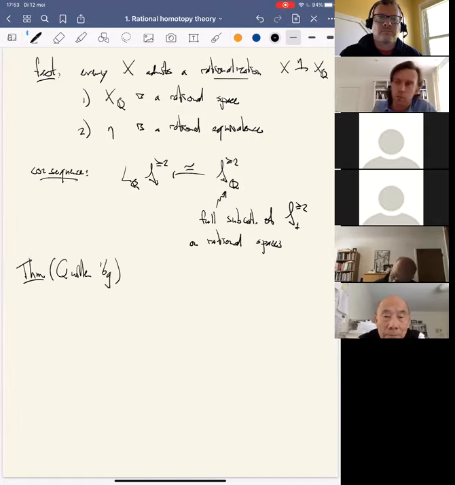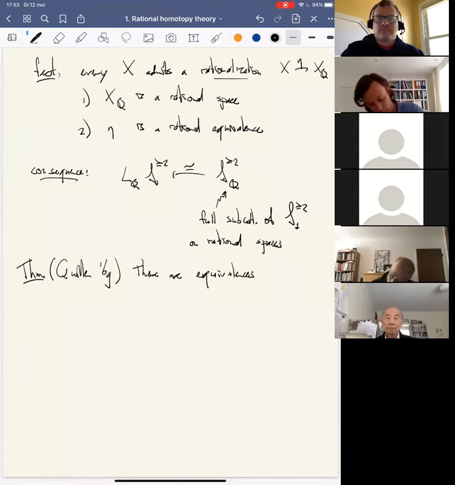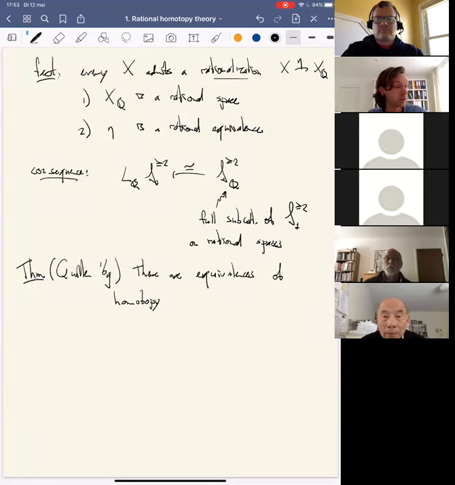And he showed that there are two ways of algebraically describing rational homotopy theory. So there are equivalences of homotopy theories, and then again, you can choose for yourself how you want to interpret that phrase. Of course, for Quillen, it meant Quillen equivalences of model categories, although I guess he was using a different term.